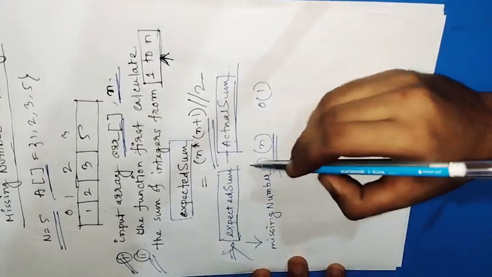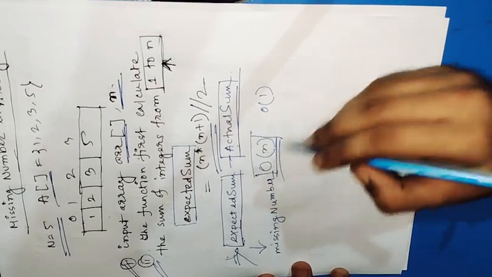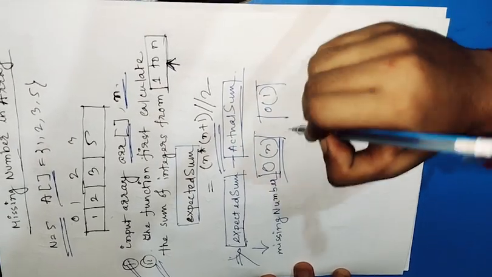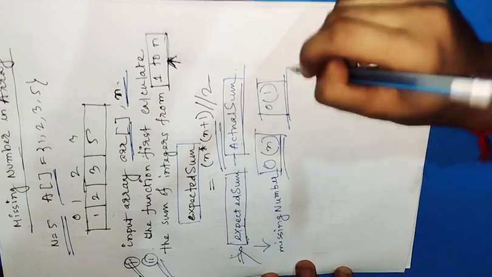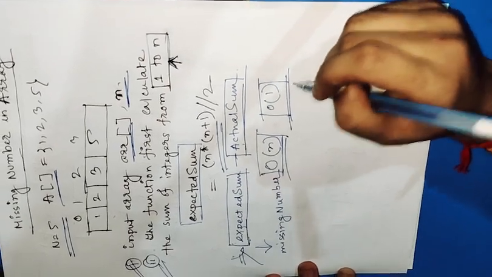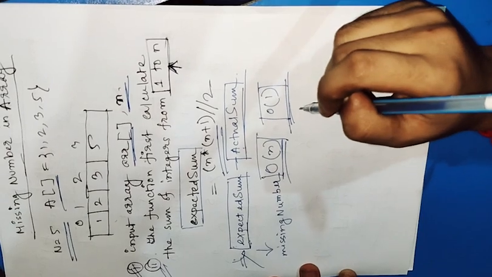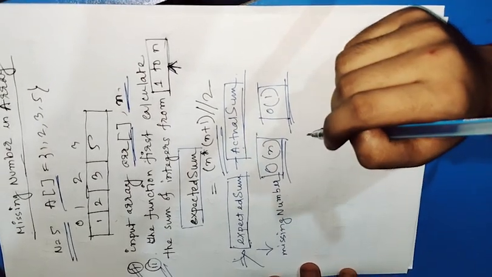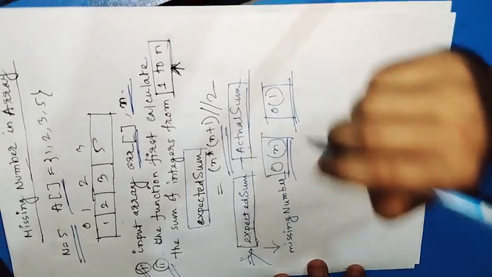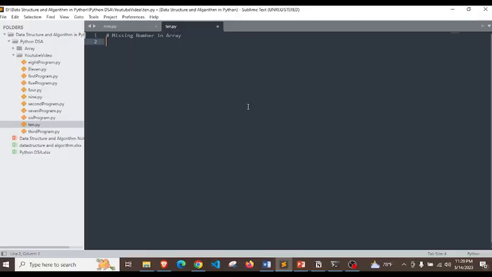And here the time complexity is O of n and space complexity is O of 1. So now we write down the code in our code editor. So now we start the code.